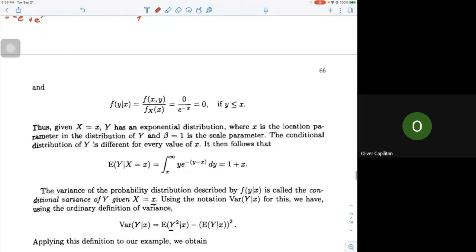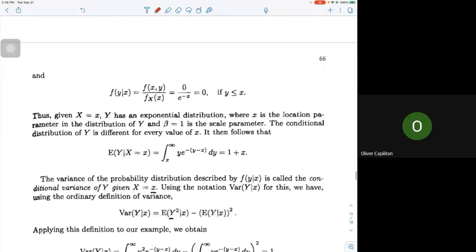So we have already the conditional PDF of y given x. Then we can now compute the conditional expectation of y given x.